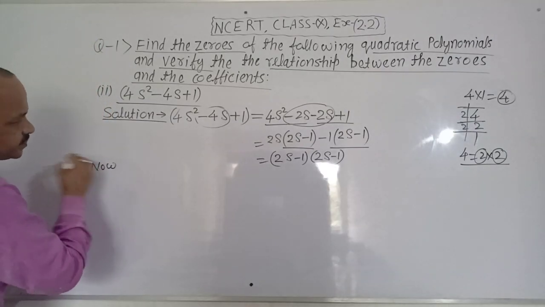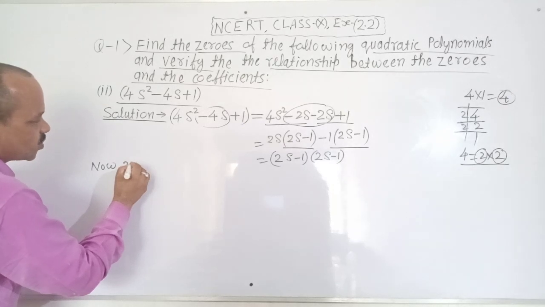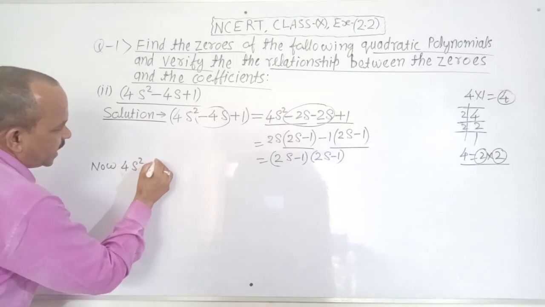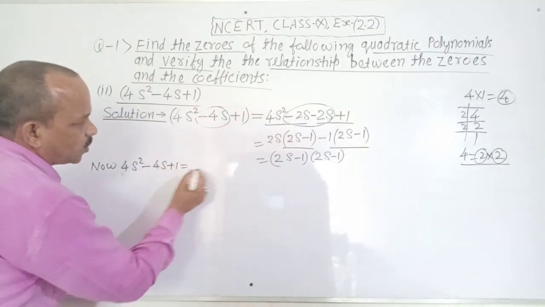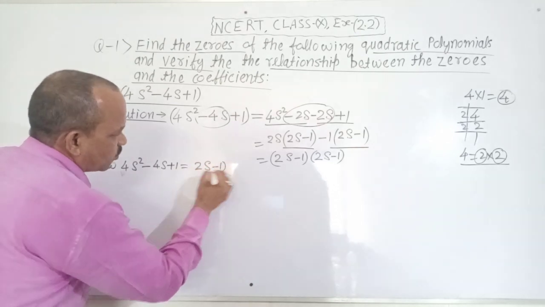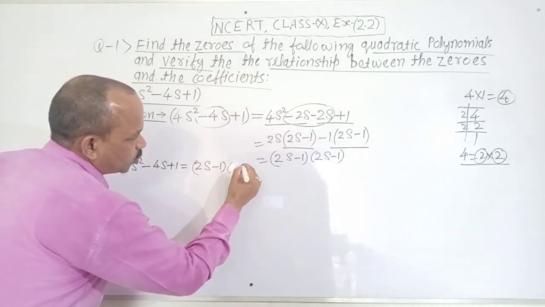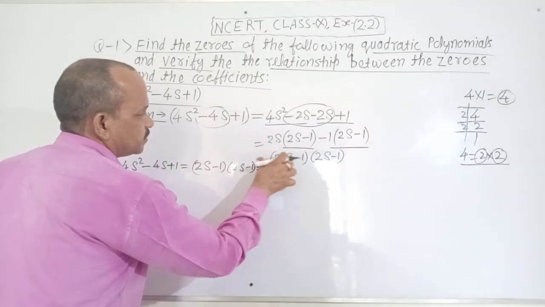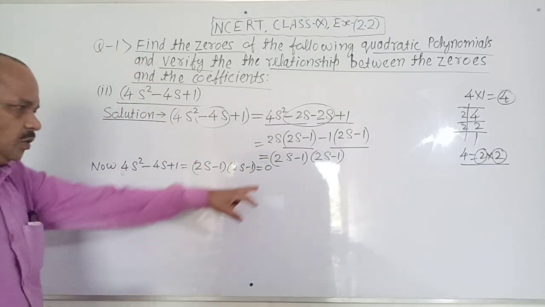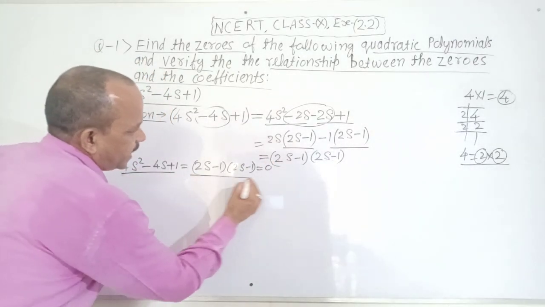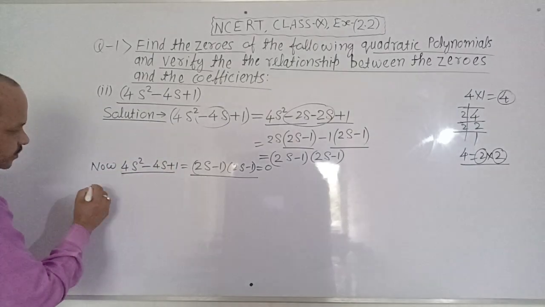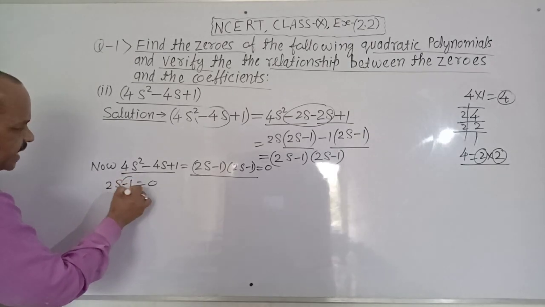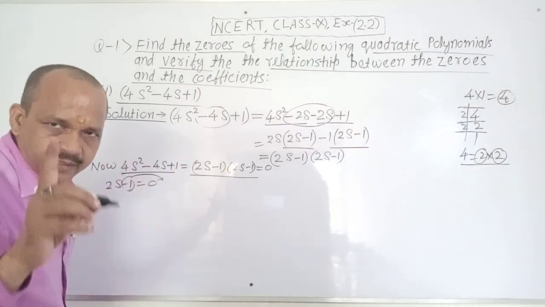Now 4s square minus 4s plus 1 equals 2s minus 1 in the first brackets, 2s minus 1 in the second brackets, equal to 0. Now 2s minus 1 equals 0. You can write minus 1 on the right side.